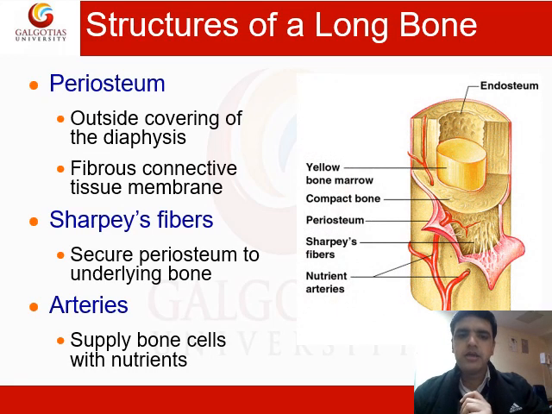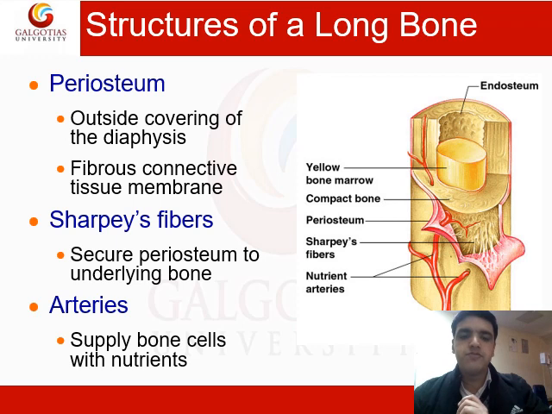Apart from that, the other areas contain the periosteum, which is the outer covering of the diaphysis, even in the areas where articulation is not taking place. This is formed by a fibrous connective tissue membrane, which helps in the protection of the bony tissues.